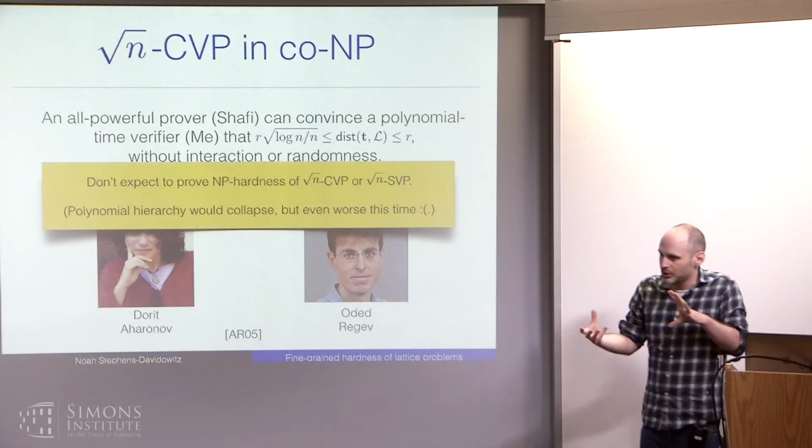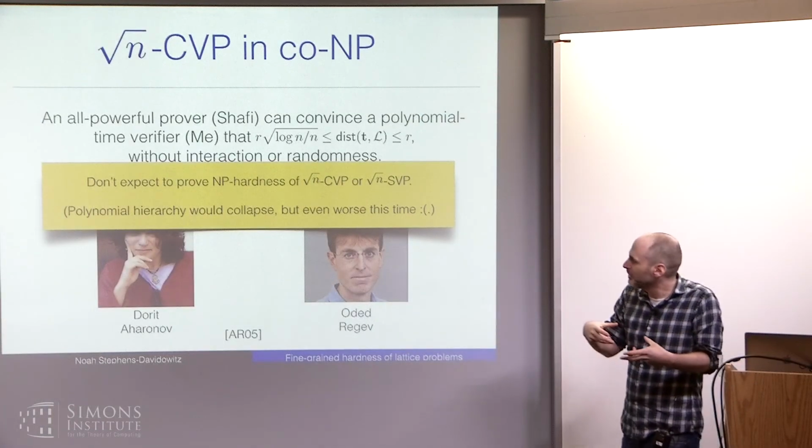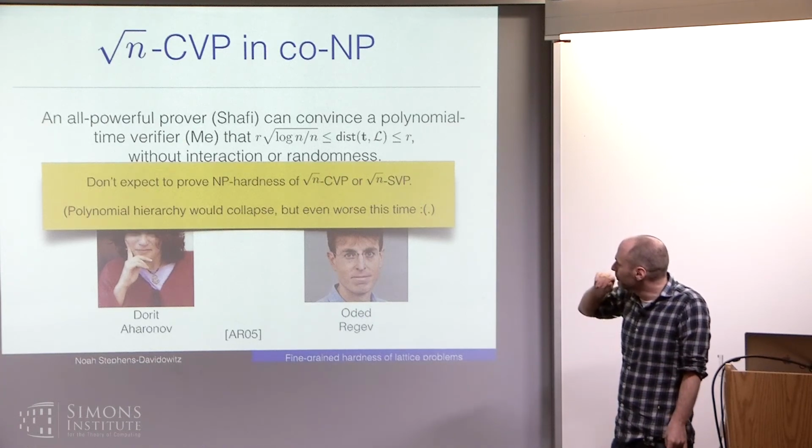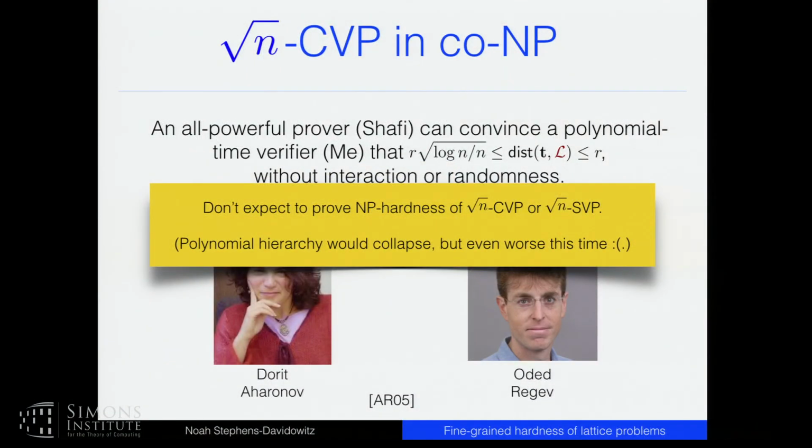A co-NP protocol is Shafi doesn't have time to talk, so she just sends me an email, right? And so Dorit and Oded showed how to prove that this distance is at most r and at most r over square root n, that log n shouldn't be there, in a non-interactive way.